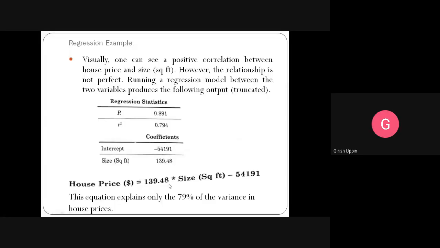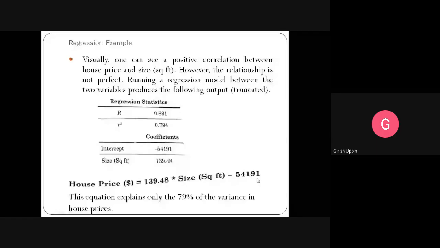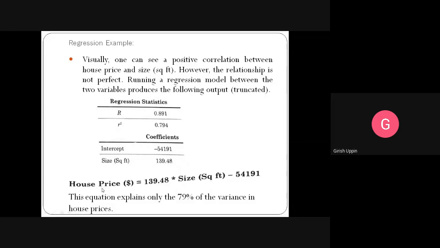In this case, beta naught is minus 54,191. So this particular equation can be used for predicting the house price value. Now you input any square feet area, and it is going to tell you the predicted price using this model. This equation explains only 79% of the variance in the house prices.